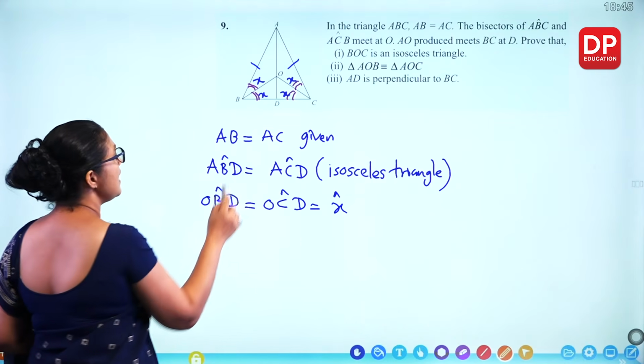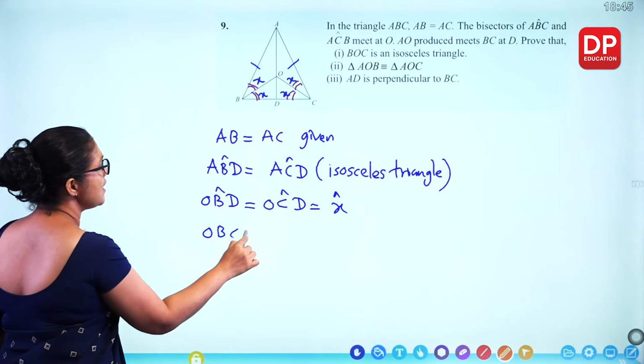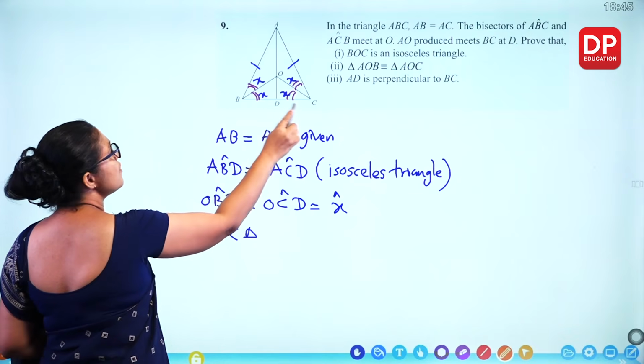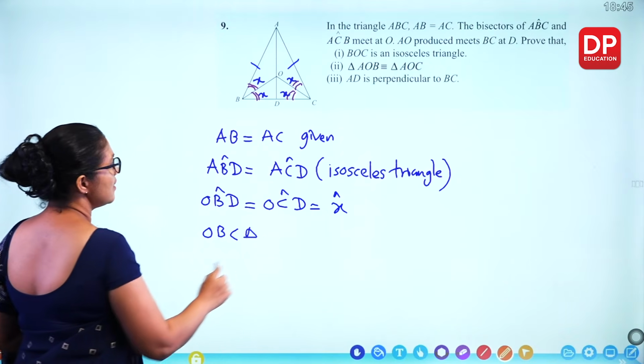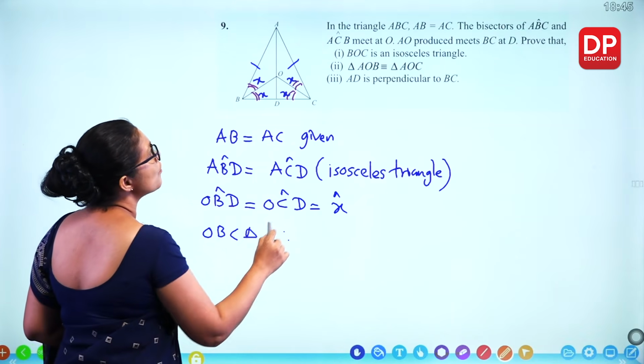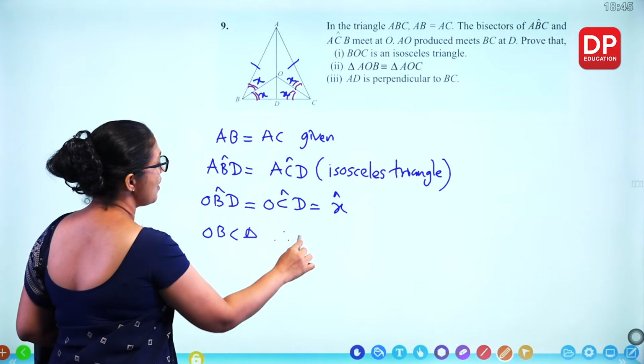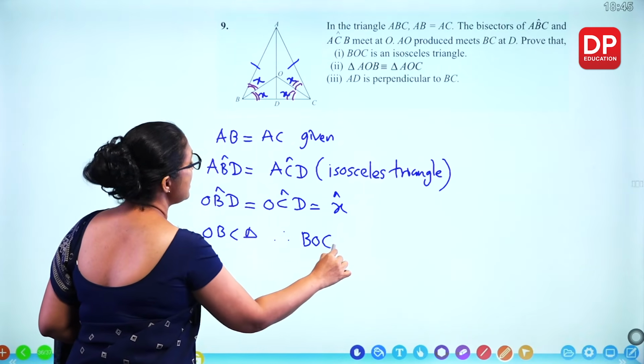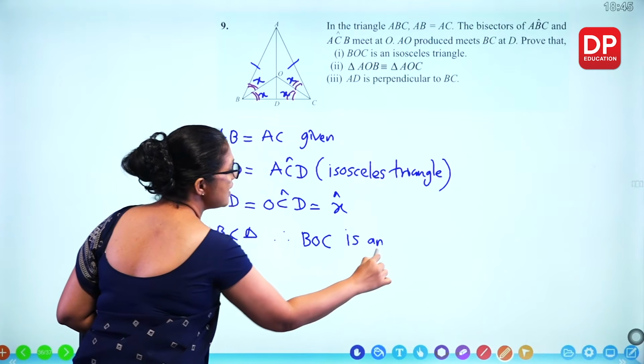Now when you take OBC triangle, these two angles are equal, so this is an isosceles triangle. So we can straight away write down BOC is an isosceles triangle.